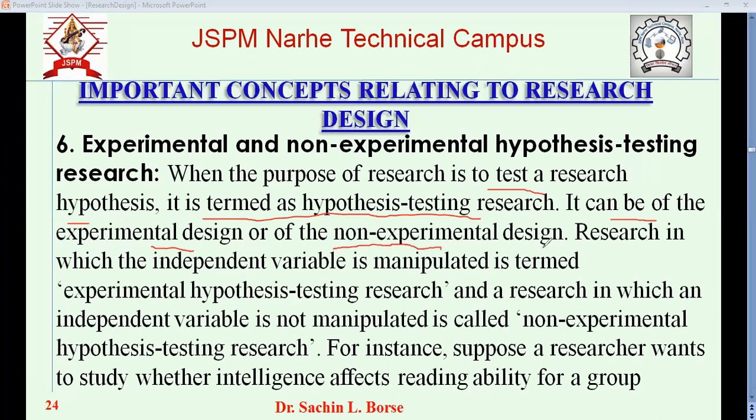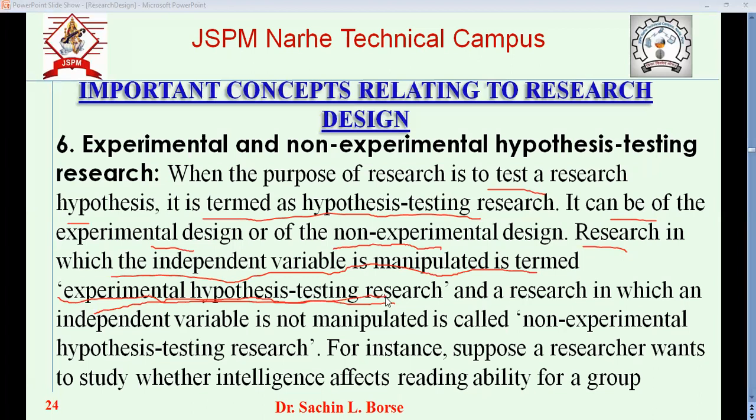Research in which the independent variable is manipulated or varied is called experimental hypothesis testing research.